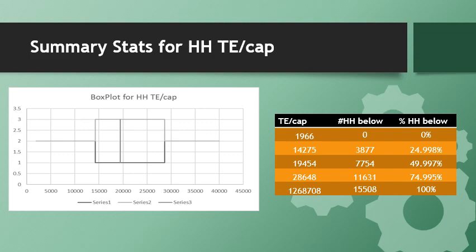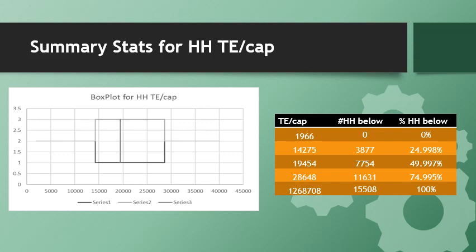Now it turns out that the minimum value of the total expenditure per capita over all of these 15,000 households is 1,966 rupees expenditure per person. This is the smallest in all 15,000 points of data. So this is the minimum value. The first quartile is 14,275.